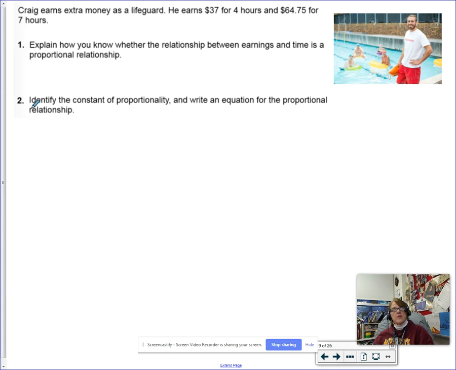Okay, so let's think about this. If I were going to make a table, if I could draw straight, okay, the input is going to be the time because the time is the independent thing, okay? 4 hours gives $37, okay?